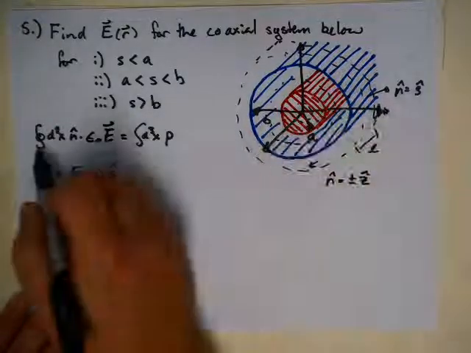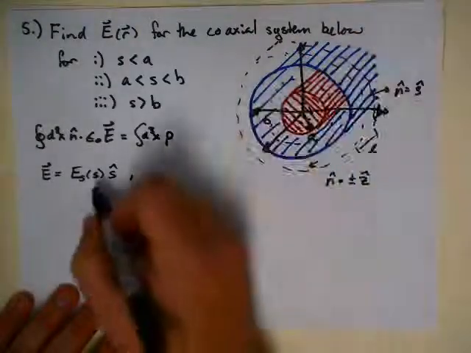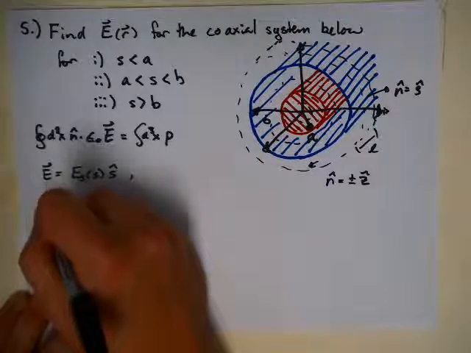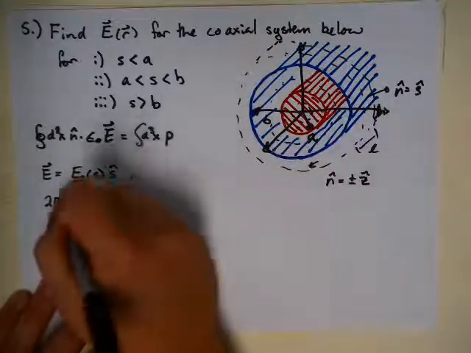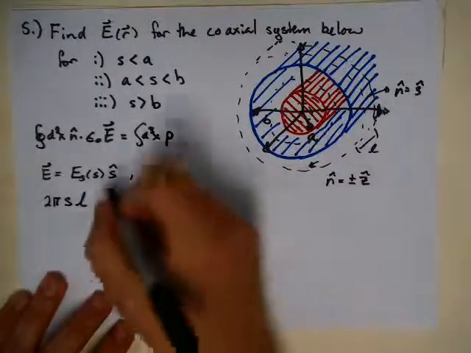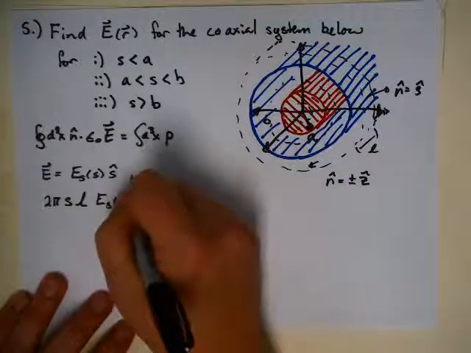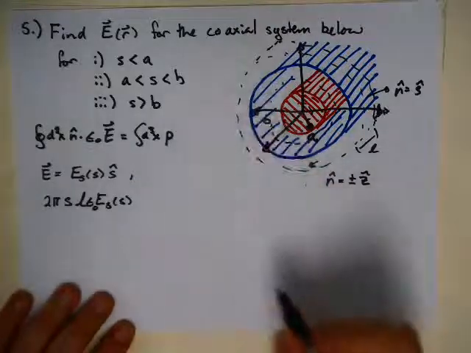So the surface integral will simply give me the surface area of the outside of the cylinder times E of s at that value. That's going to be 2 pi, the radius we're looking at, s, times the length of the cylinder we're looking at, L, times E(s) as a function of s, and don't forget to stick epsilon naught in there.